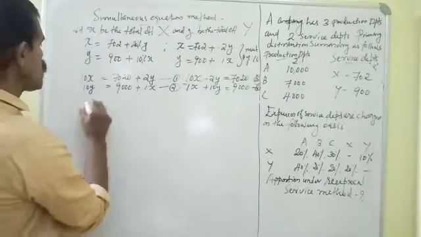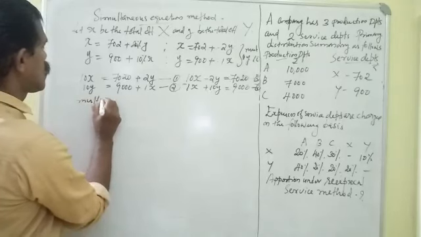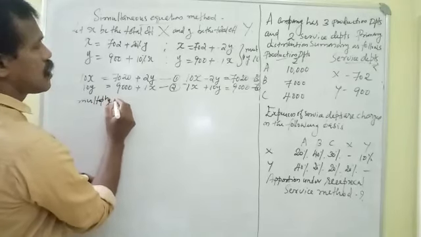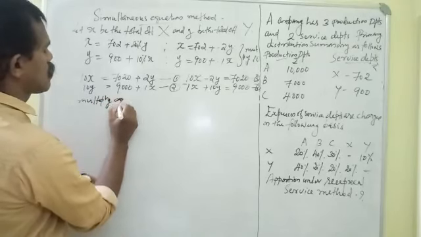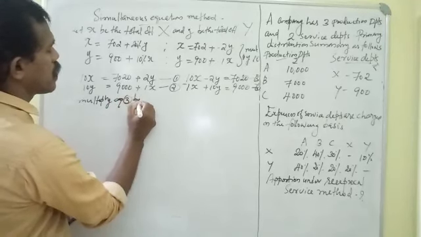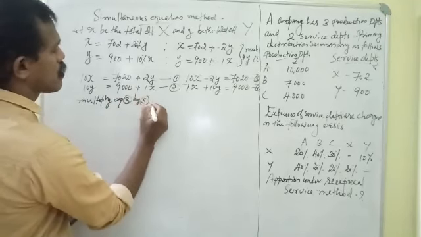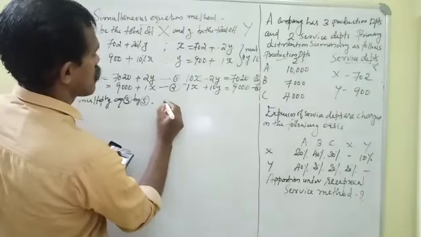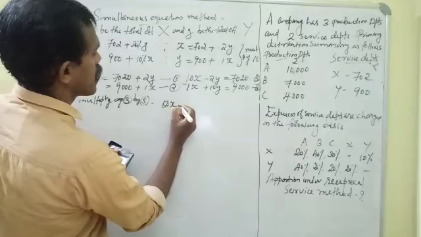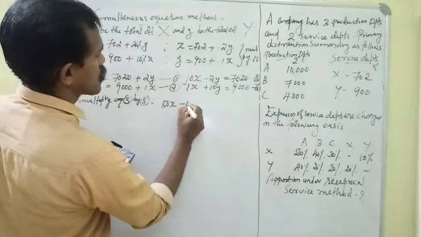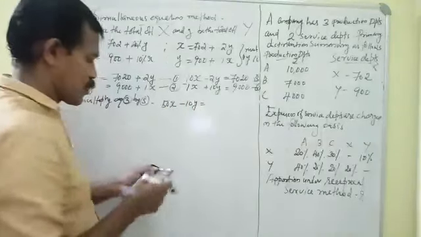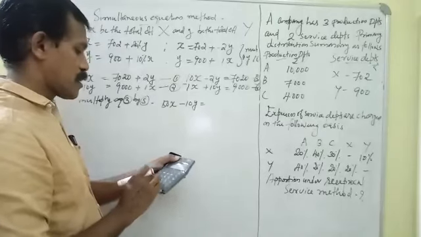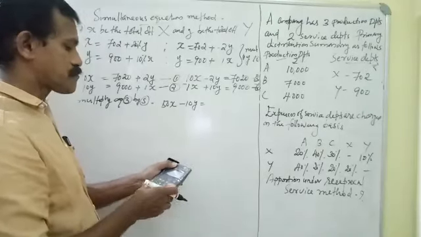So multiply equation 3 by 5. Then we get here 10 into 5, 50x minus 10y is equal to 7020 into 5.